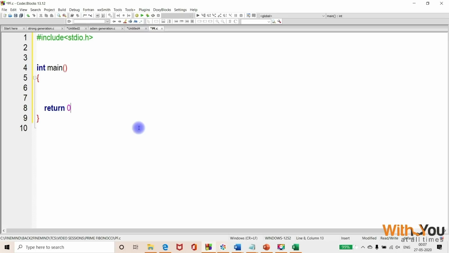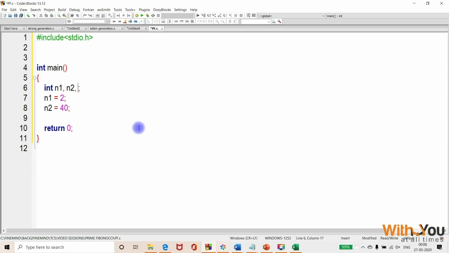Return 0. Okay, fine. So let's have 2 variables, n1 and n2, with n1 equal to 2 and n2 equal to 40. Every step I will make you people understand. So first we need to make all numbers from n1 to n2.